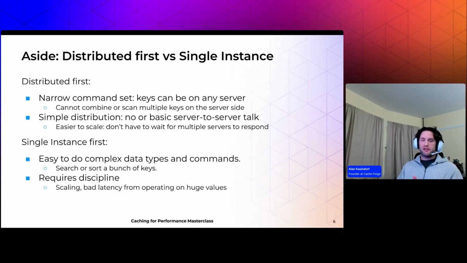Now for Memcached, since we are assuming from the start that we are a distributed system and that in order to add more cache to a pool of servers, you just add another server and just let it go, we can't have commands that are fetching keys across from each other, because then all the servers will have to talk to each other, and you'll end up losing a lot of that performance.